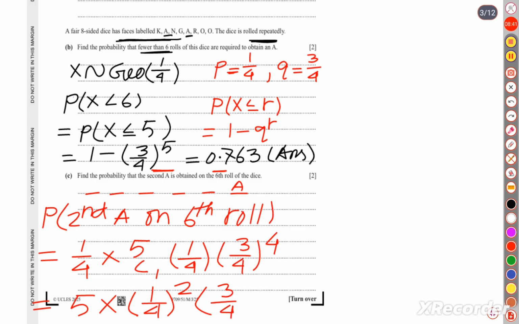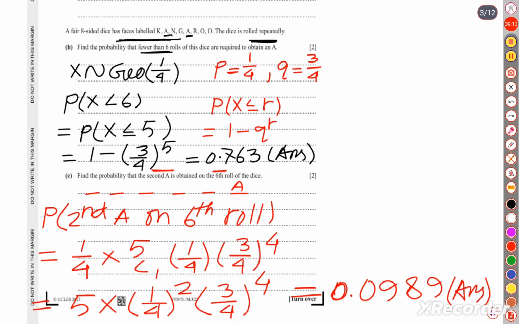In total there were 6 attempts, and out of these six attempts, 2 times we succeeded and 4 times we failed. So finally our probability is going to be 5 into 1 over 4 squared into 3 over 4 raised to 4. It is equal to 0.0989, our desired probability, and that is the final answer.